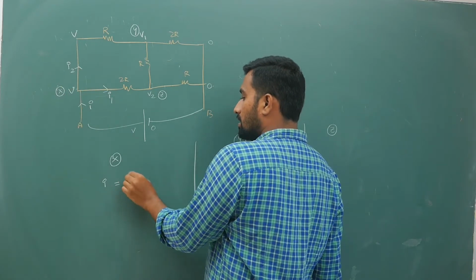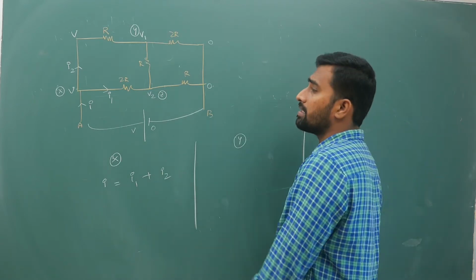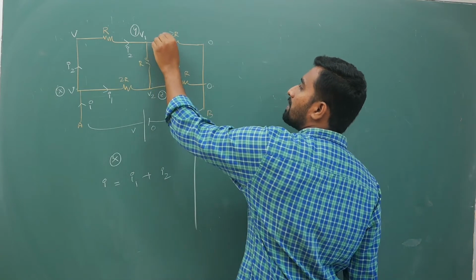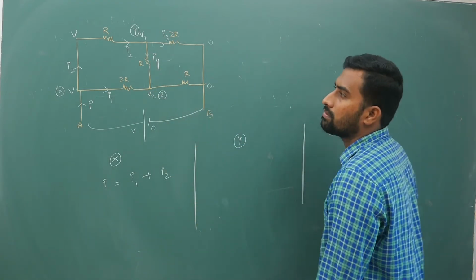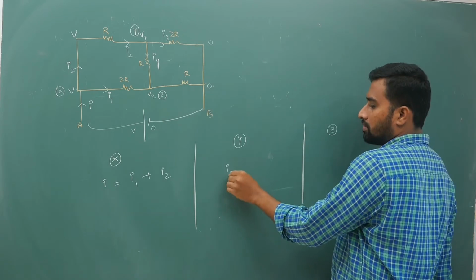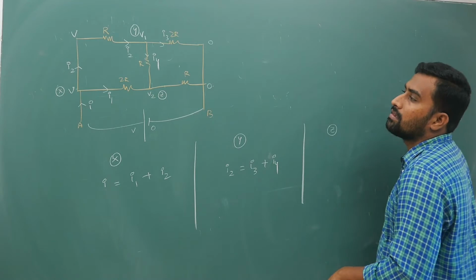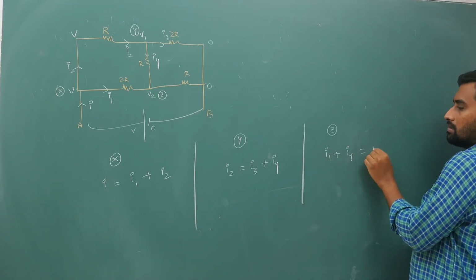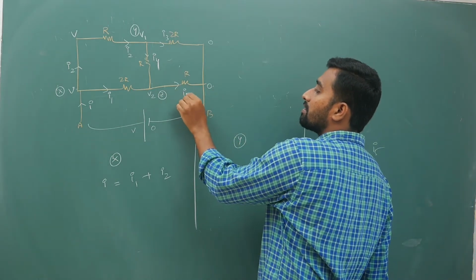So I is equal to I1 plus I2, current entering is equal to current leaving. Then this I2 will split once again into I3 and I4, so I2 is equal to I3 plus I4. Then your I1 and I4 will join and become I5, where this is your I5 current.